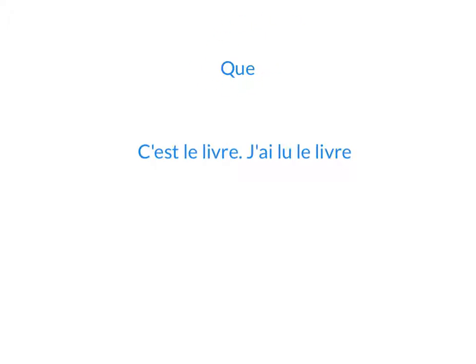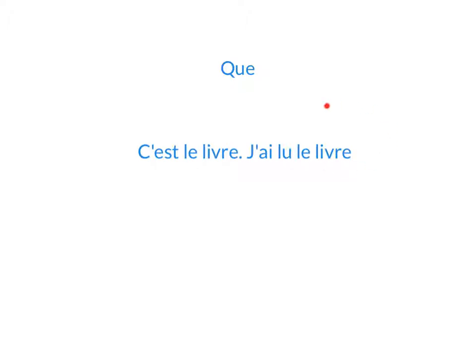Now, as we already know, que means the same as qui, that is, who, which, or that. Let's look at the sentence here. C'est le livre, j'ai lu le livre. Once again, I've got livre twice, so I'm going to want to replace the second one and say it is the book that I have read.